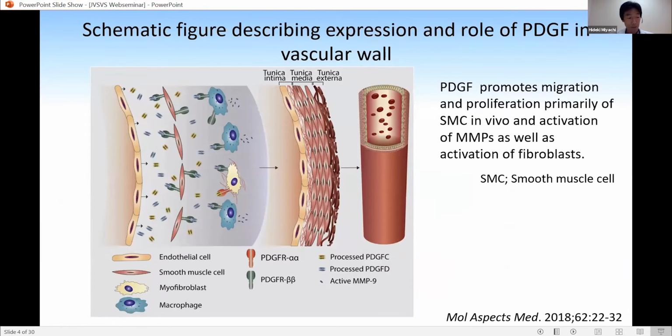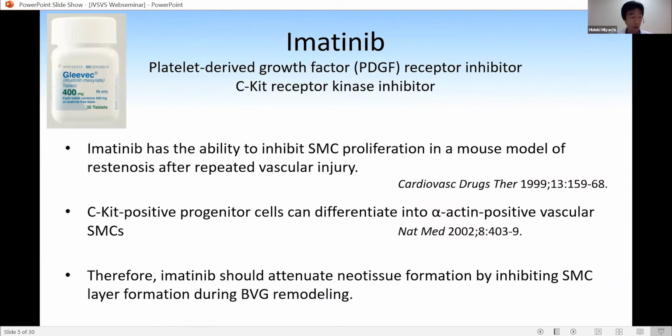Platelet-derived growth factor, PDGF, also plays an important role in vascular remodeling. PDGF promotes smooth muscle cell migration and proliferation, and activates MMPs and fibroblasts. Imatinib is known as a PDGF receptor inhibitor and c-Kit receptor kinase inhibitor.